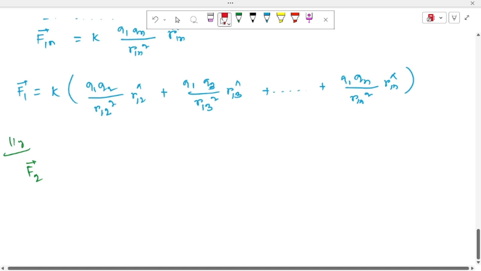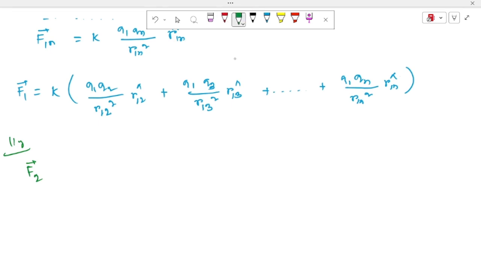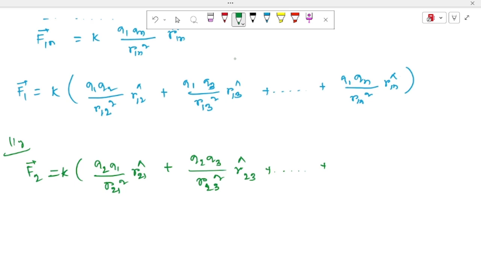The force F2 vector is equal to K into Q2 Q1 by R21 square R21 cap plus Q2 Q3 by R23 square R23 cap plus dot plus Q2 Qn by R2n square R2n cap, right?